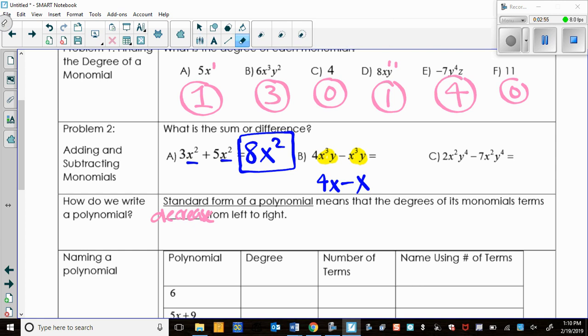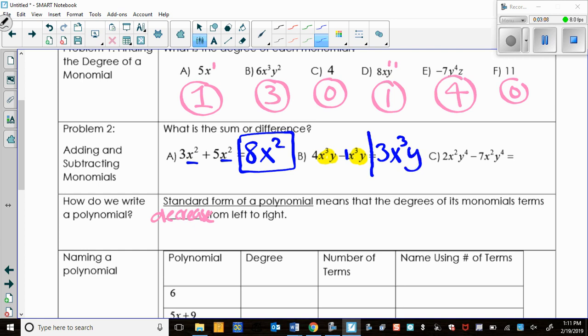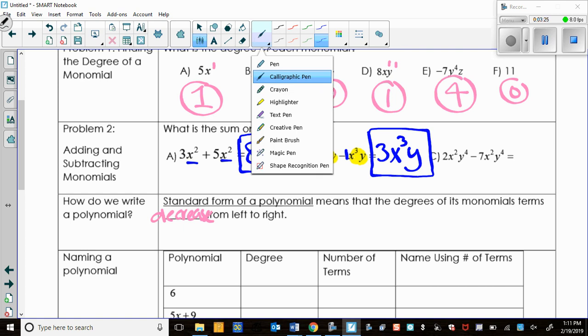Because they have the same base, I can go ahead and subtract the coefficients, so 4 minus 1, and then go ahead and write the rest. When we subtract and add exponents, we only add the coefficients. We do nothing with the exponential values. They'll stay the same.